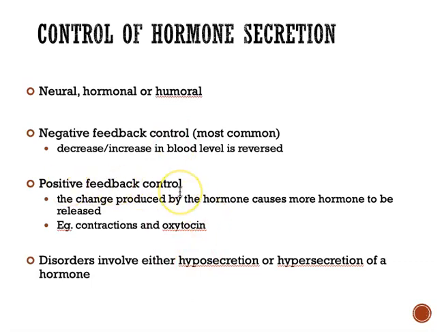A positive feedback control is where the very existence of the hormone causes more of that hormone to be produced. Oxytocin is your classic example. We'll talk quite a bit about this, especially when we get to the reproductive and development systems. But basically, oxytocin is the hormone that is responsible for uterine contractions. And the more uterine contractions there are, the more oxytocin is produced, which produces more uterine contractions, which produces more oxytocin, and so on and so forth.